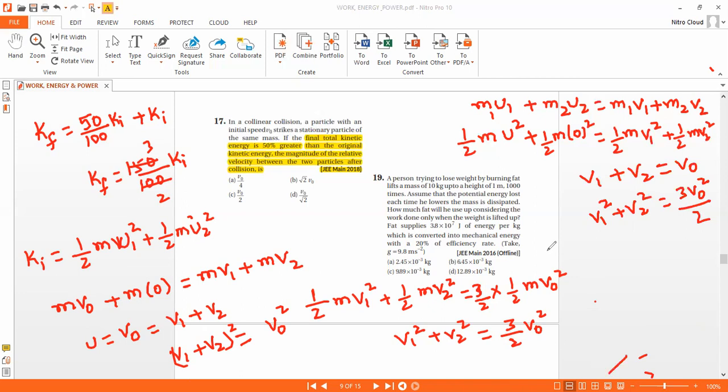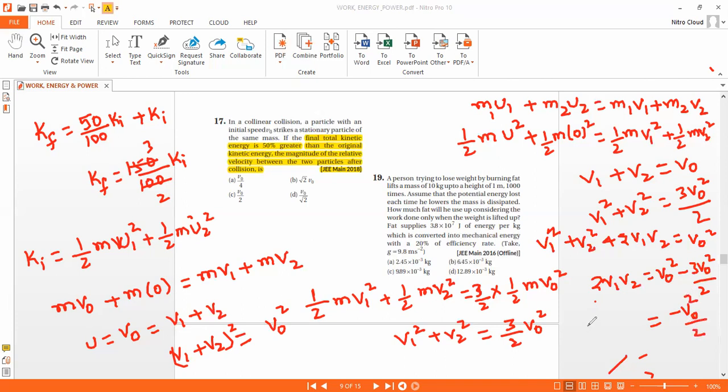Squaring on both sides, we get v1 square plus v2 square plus 2 v1 v2 is equal to v naught square. So 2 v1 v2 equal to v naught square minus 3 v naught square by 2, that is minus v naught square by 2.